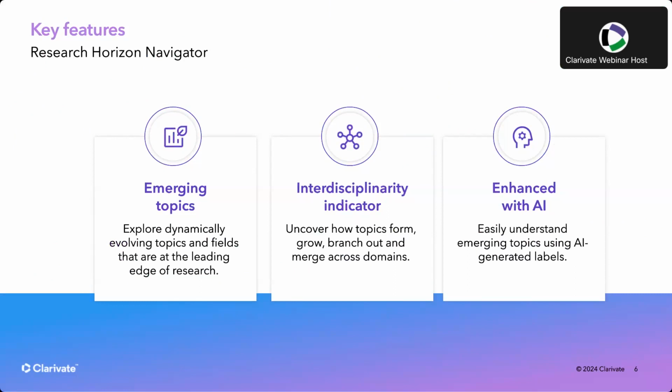It shows how multidisciplinary an emerging topic is. It has an indicator value from 0 to 1, 1 being the highest possible value, so if a topic has 0.99, for example, that is a topic of very high interdisciplinarity.